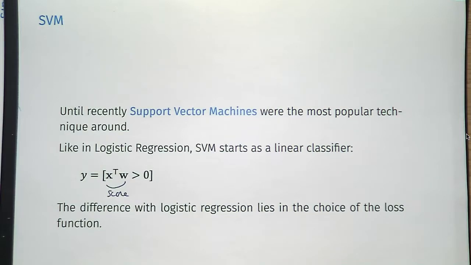The only difference you will see is the loss function itself. So in logistic regression, we made the assumption that the noise component was following the logistic distribution, and we used the cross entropy, okay?